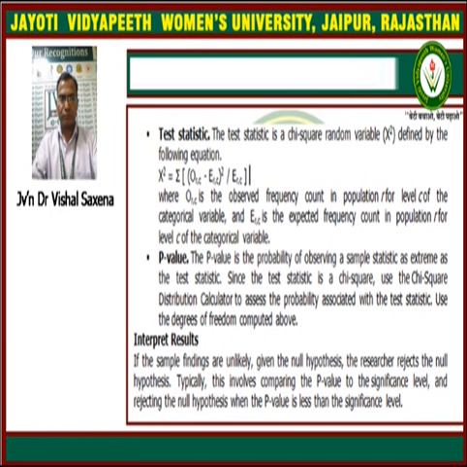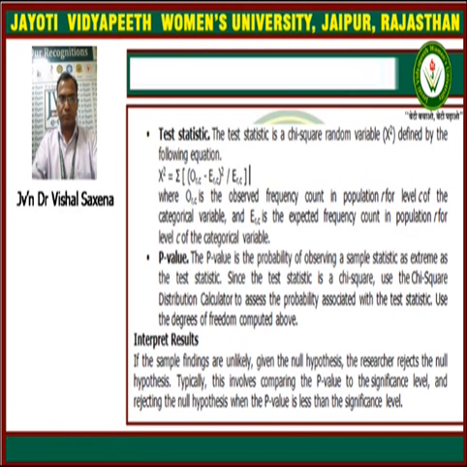The p-value is the probability of observing a sample statistic as extreme as the test statistic. Since the test statistic is a chi-square, use the chi-square distribution calculator to assess the probability associated with the test statistic. And finally we have to interpret our result with the p-value.